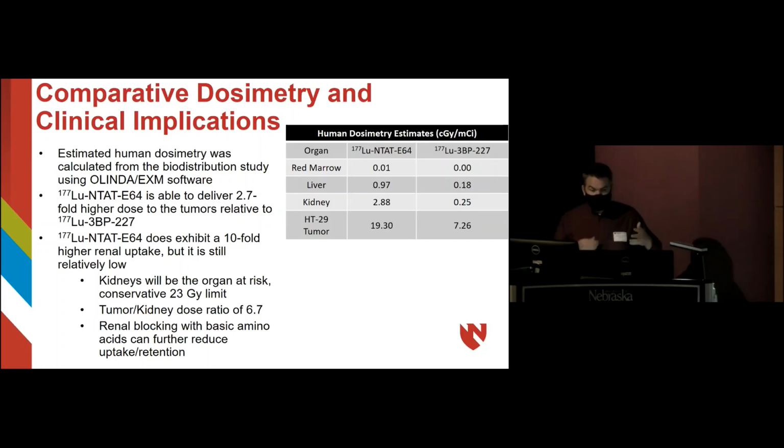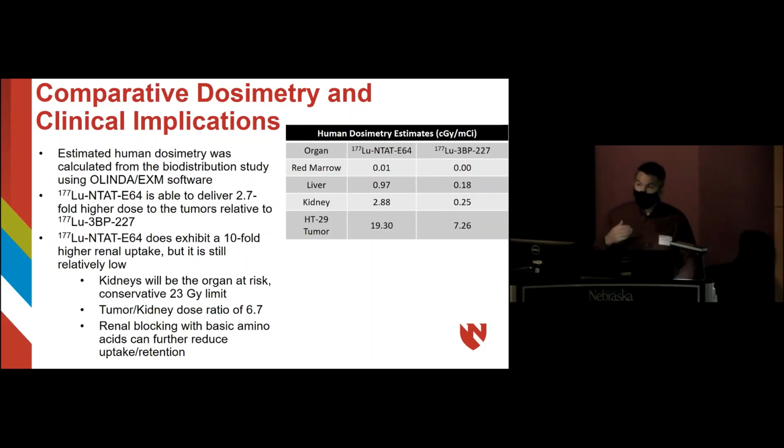Now, as far as the increased uptake, obviously the kidney is going to be your organ at risk most likely. Conservatively, when you take a look at the dose for the kidney, you're looking at around a 23 gray limit as far as how much dose you want to deliver. However, there have been many papers recently that have questioned that as overly conservative, and you might be able to get away with a little bit higher. But nonetheless, the tumor to kidney dose ratio is around 6.7, which is very promising for translation.